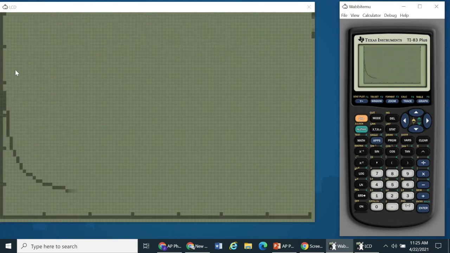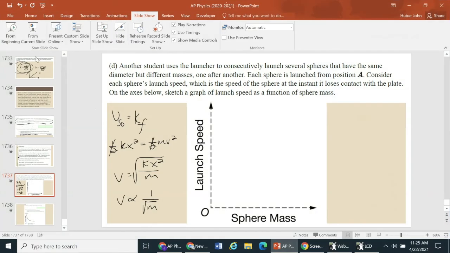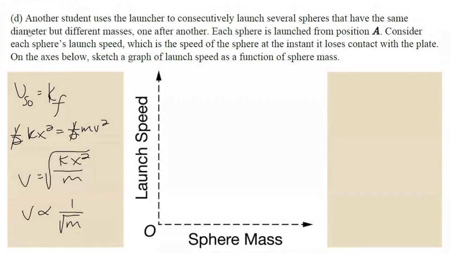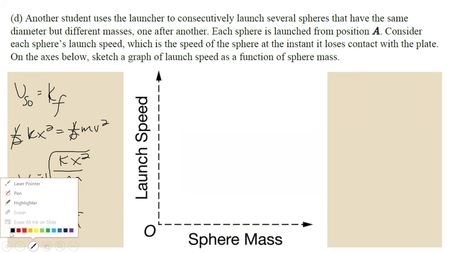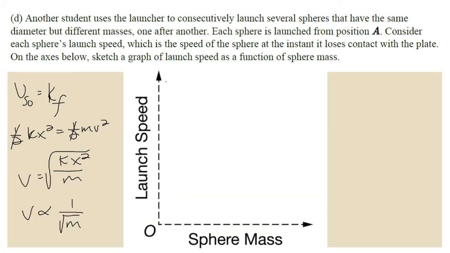If you graph it, it looks like a traditional inverse relationship, this sort of exponential decay style of graph. And here, you're going to want to be careful when you're drawing this because it has asymptotes. But basically, if you just sketch it like this, that's good enough.